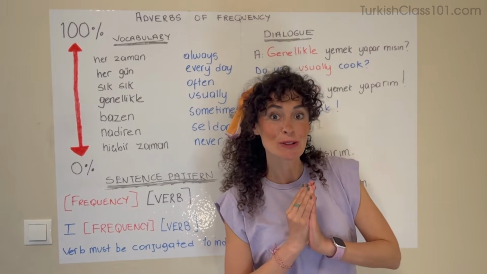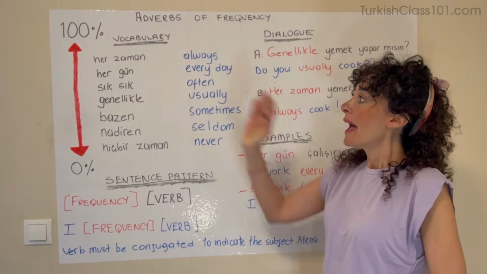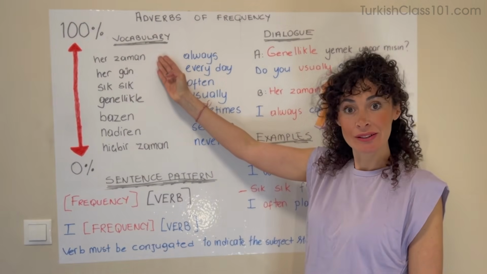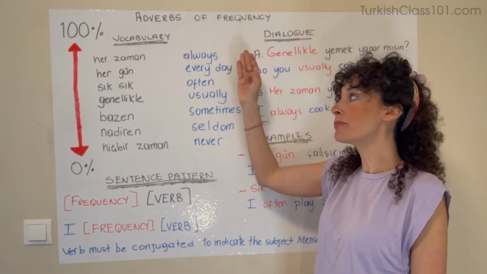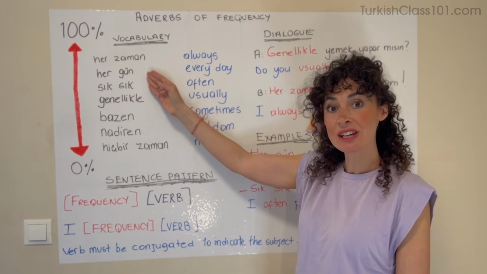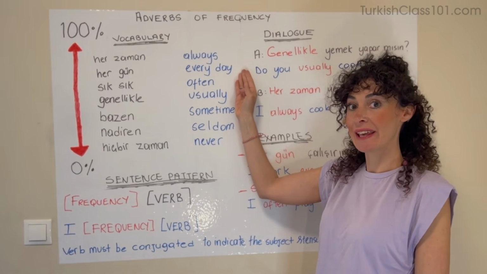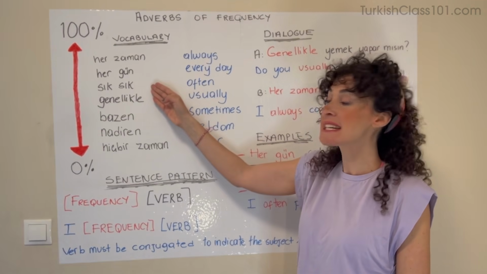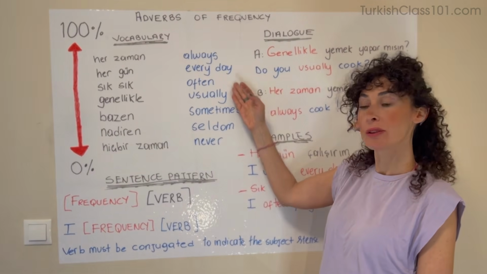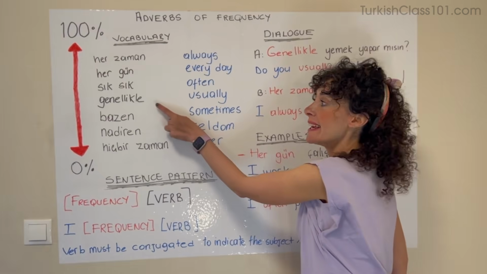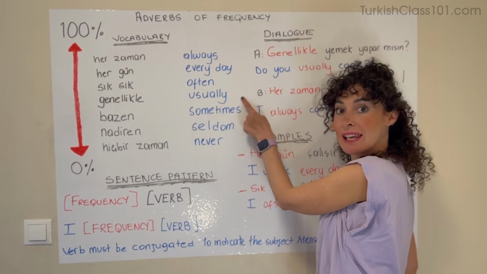First, let's look at the vocabulary. Her zaman, always. Her gün, every day. Sık sık, often. Genellikle, usually.